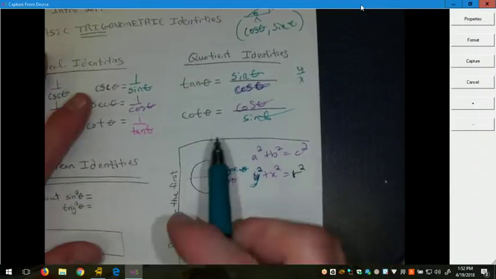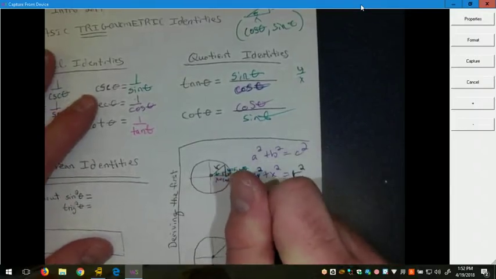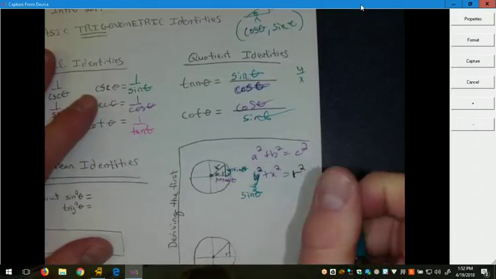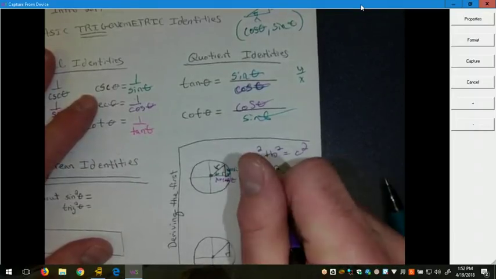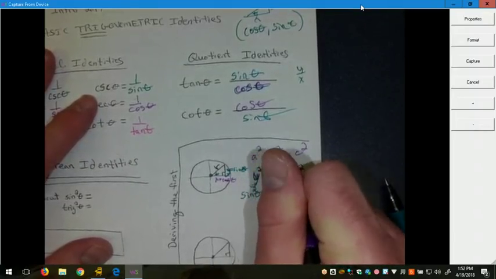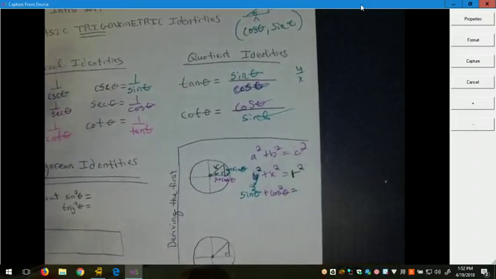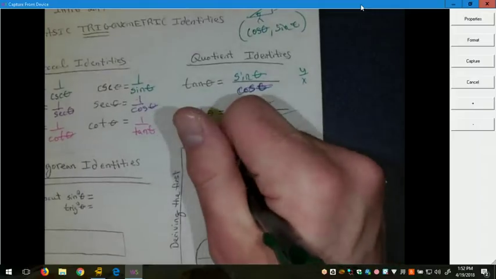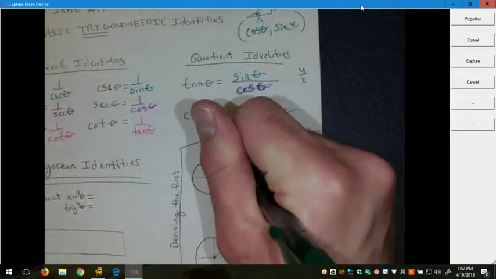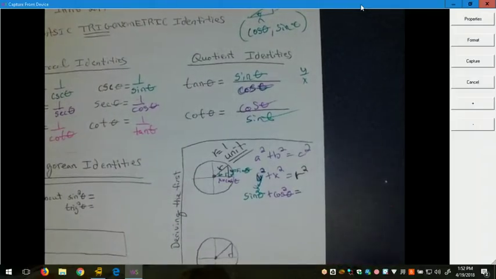Well, y is sine, so this is sine squared theta plus cosine squared theta equals r squared. And in our unit circle, remember that r equals 1 unit.